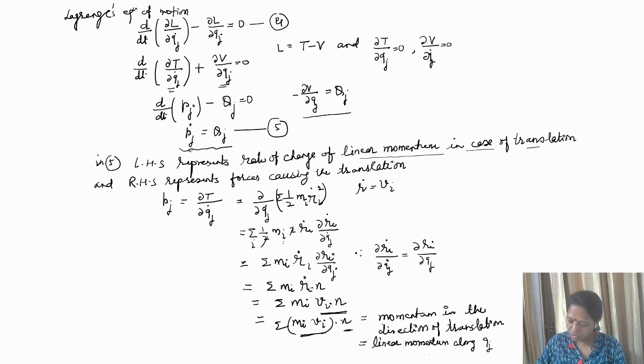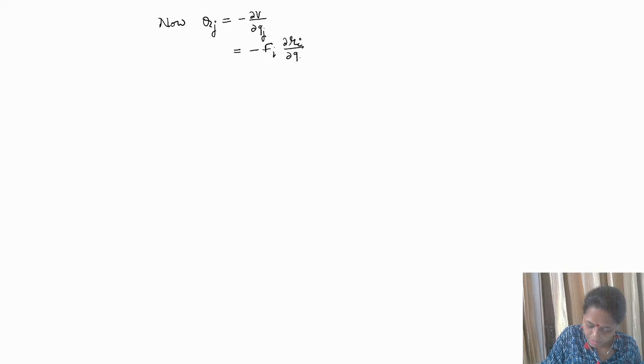Now our purpose is to show that Qj is representing force. Now Qj was taken as minus delta V by delta qj, and this represents the force, because we write it as summation of Fi dot delta ri by delta qj.